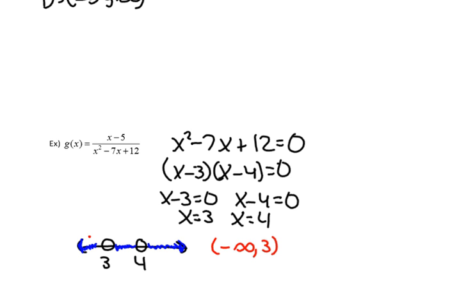Or, well, second region, that's going from 3 to 4, but I cannot include 3 and I cannot include 4. Third interval, from left to right, it starts at 4 and goes to infinity. So this is the domain of this rational function in interval notation.